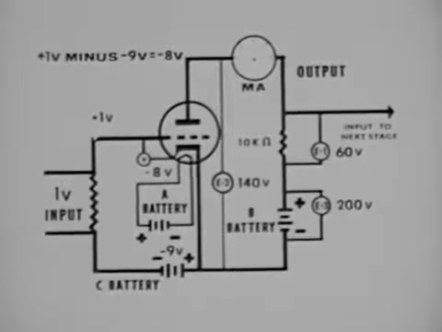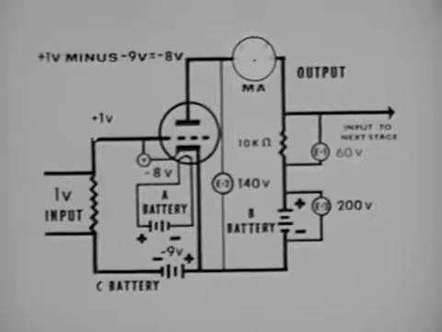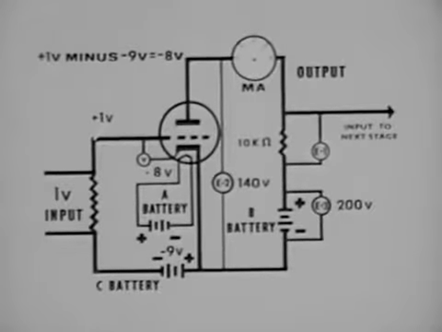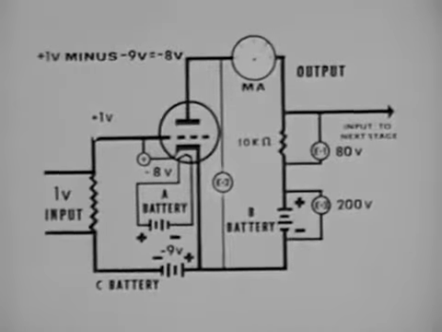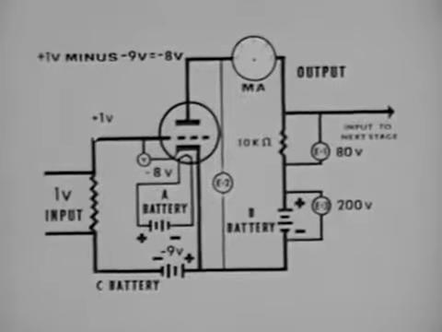If the current flow increases to 8 milliamperes, this causes the voltage across the load resistor to increase to 80 volts. The voltage between the plate and cathode will consequently decrease to 120 volts.